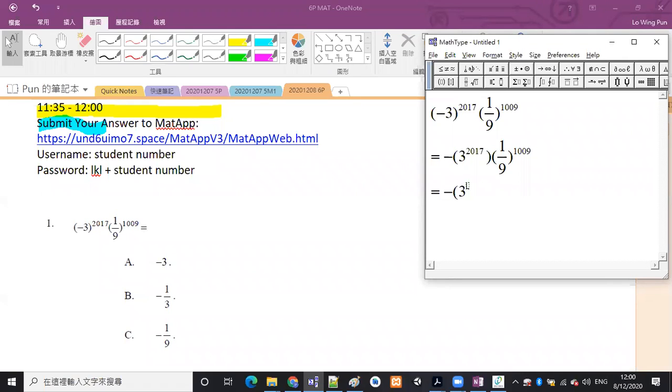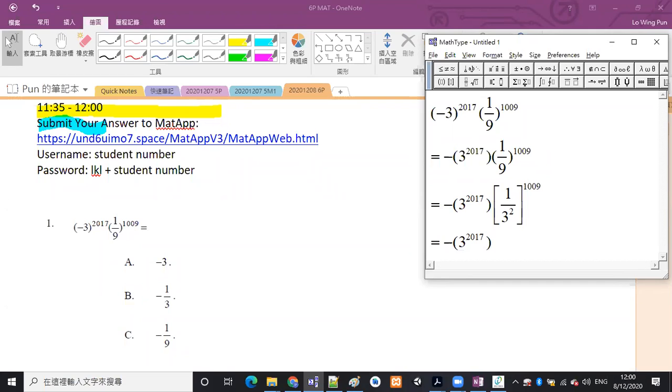So this 3 to the power 2017 has no change, and this one should be 1 over 3 squared, to the power 1009. Then we distribute the 1009 to the 1 and to the 3 squared.